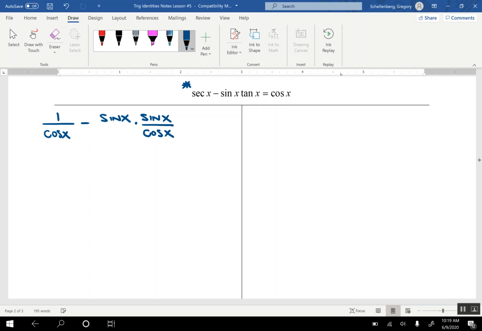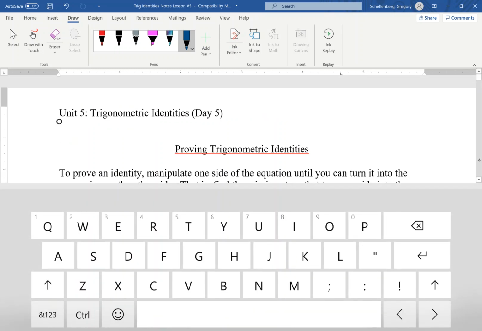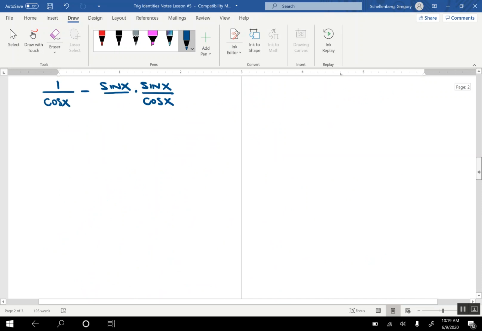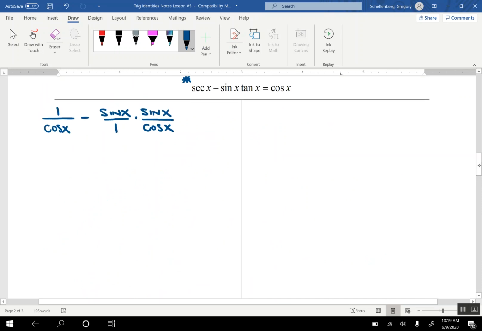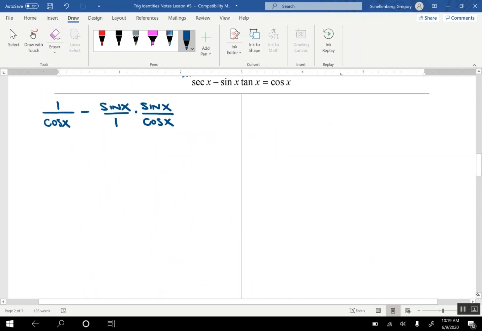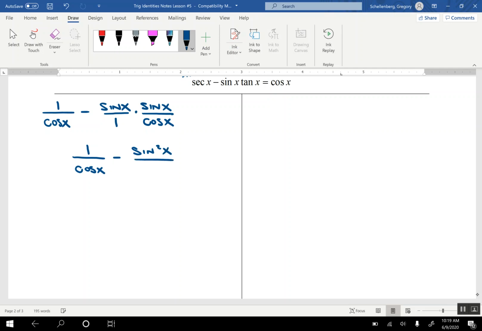And I'm going to just rewrite that sine x as a fraction by placing it over 1. Okay, so what we've got here now is 1 over cos x. And we can multiply those two terms. So sine x times sine x is sine squared x. And then 1 times cos x is cos x.